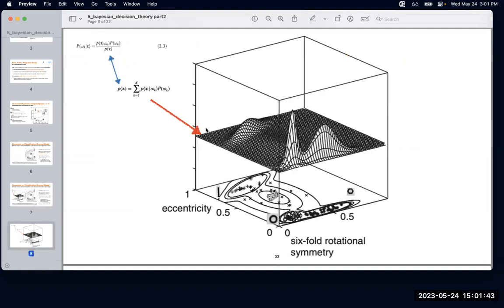So here, that's what I mentioned in terms of the P of Z. You normally don't need to calculate P of Z, but if you want to, you can do that by marginalizing the likelihood with respect to the classes. Then you are consolidating all these curves into a single curve, which becomes the not conditioned probability of your input.